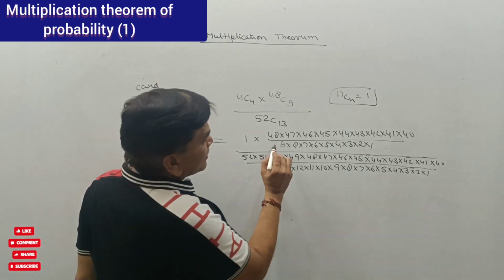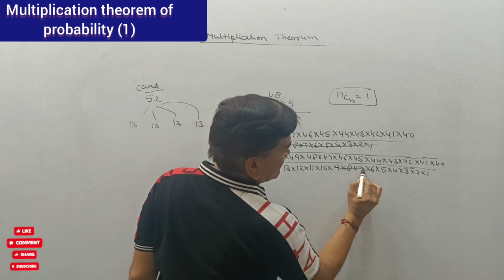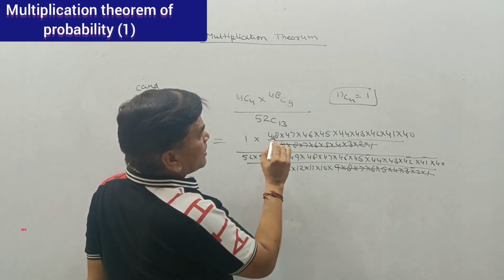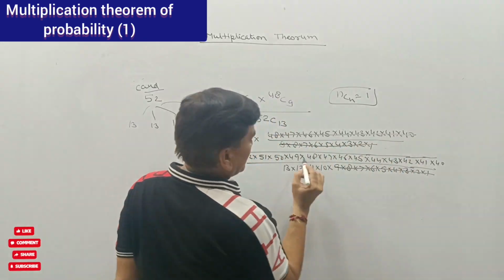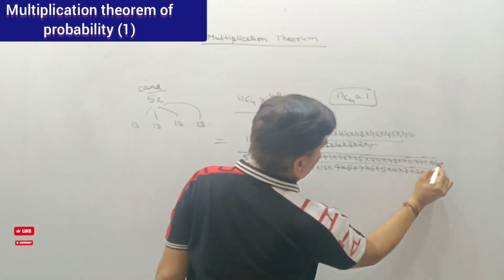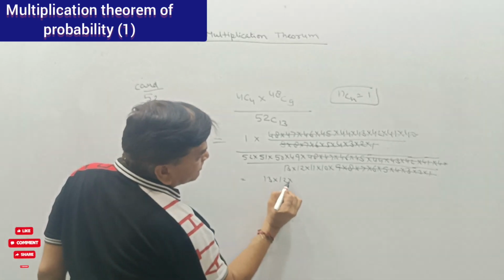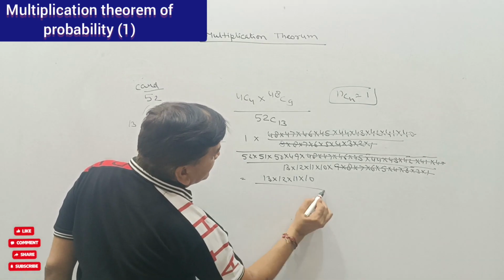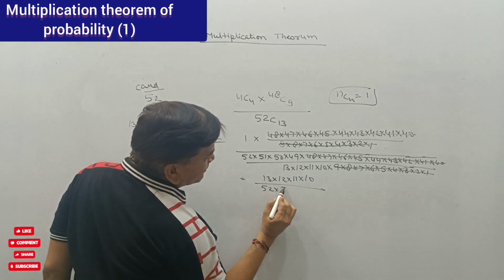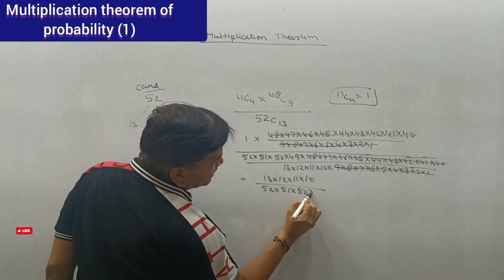Now cancel 9, 8, 7, 6, 5, 4, 3, 2, 1 and cancel 48 to 40. So this will be 13 multiply 12 multiply 11 multiply 10 divided by 52 multiply 51 multiply 50 multiply 49.